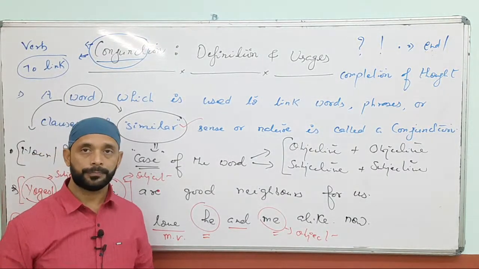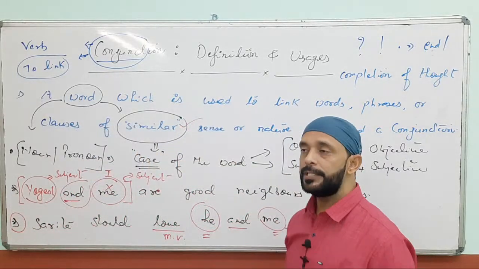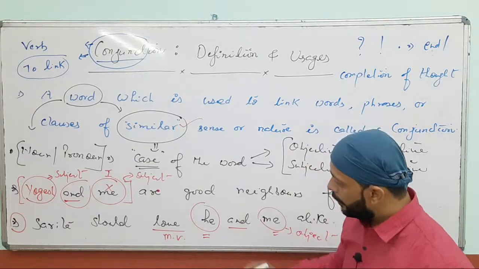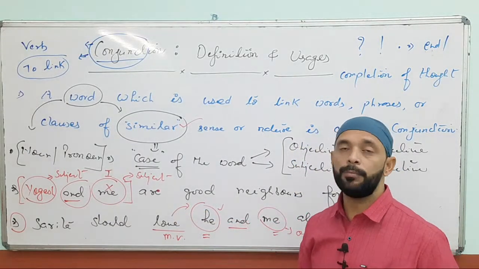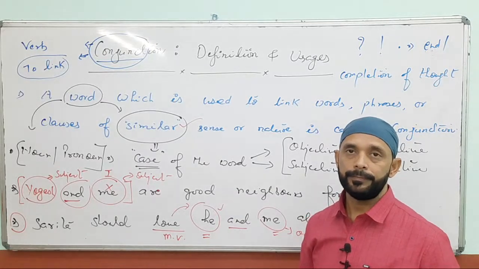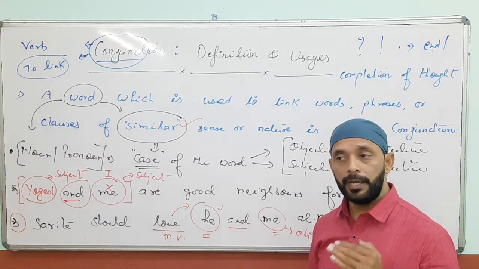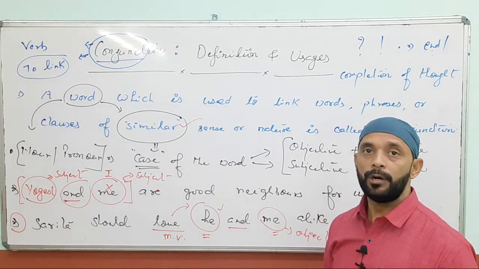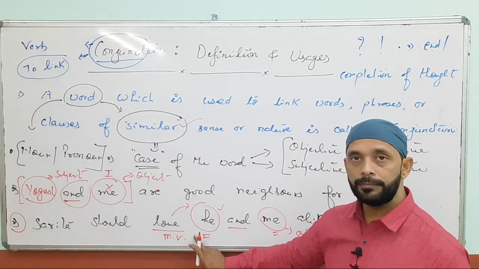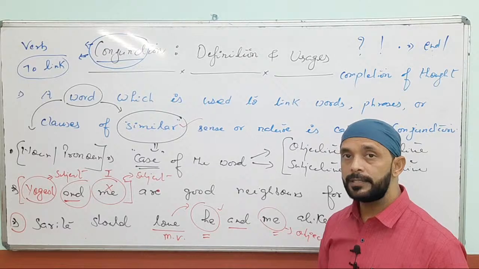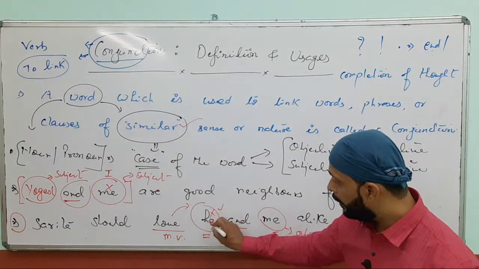According to structure, in the second sentence objective case is allowed, because a noun or a pronoun that follows a main verb takes objective case. So you see, he is following the main verb love. So what should be its case? Object. So in that sense, he is wrong.